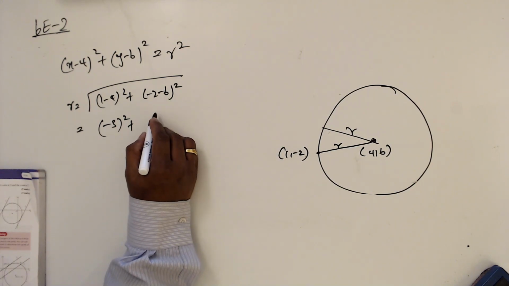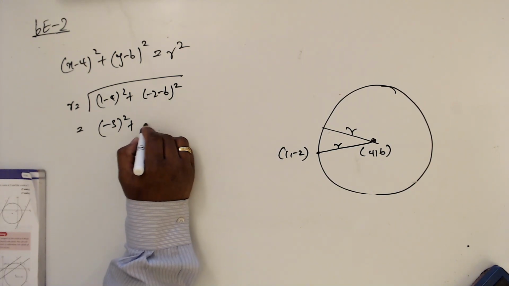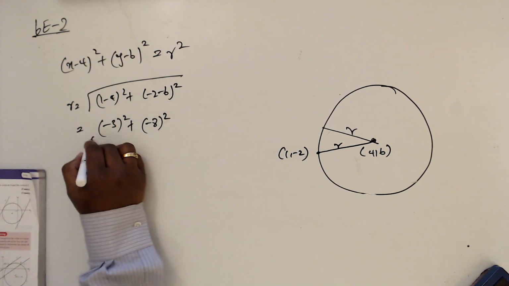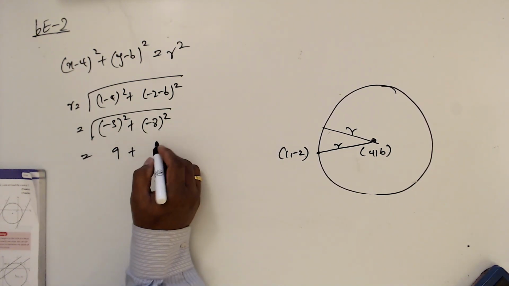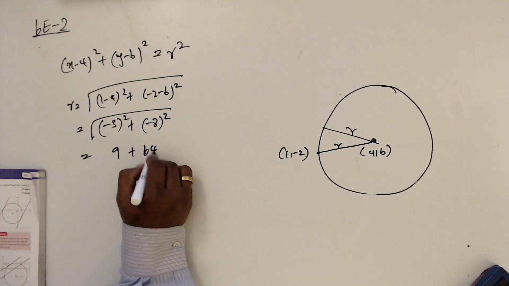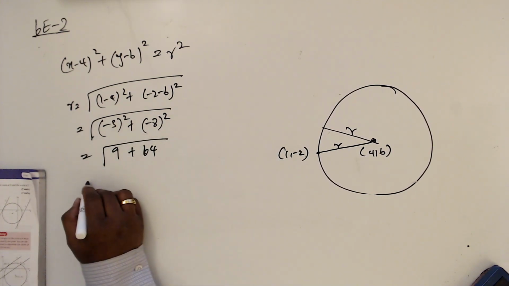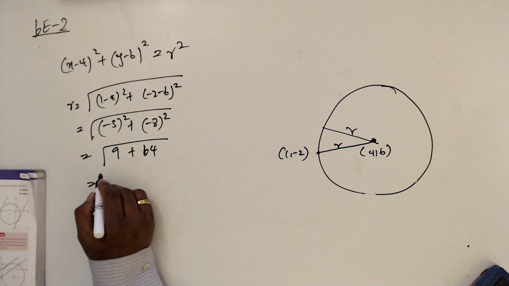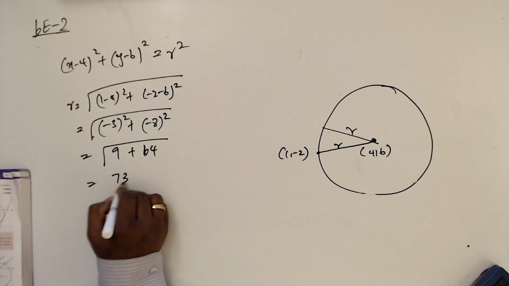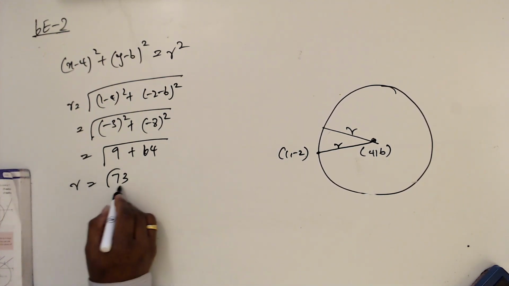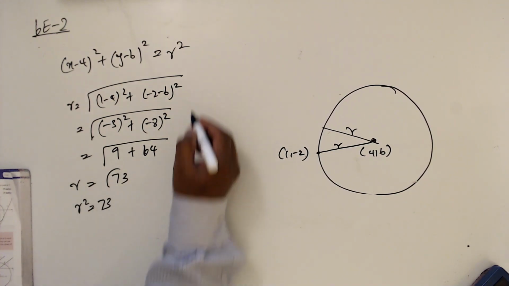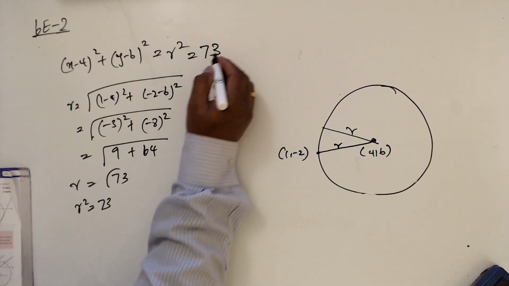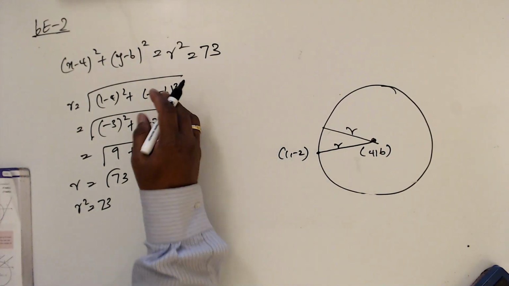This is going to be minus 8, squared. This is going to be 9 and this is going to be 64, which is 73. So r squared equals 73. Now this is the circle.